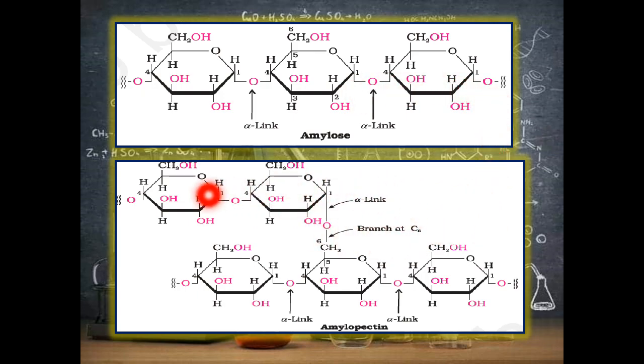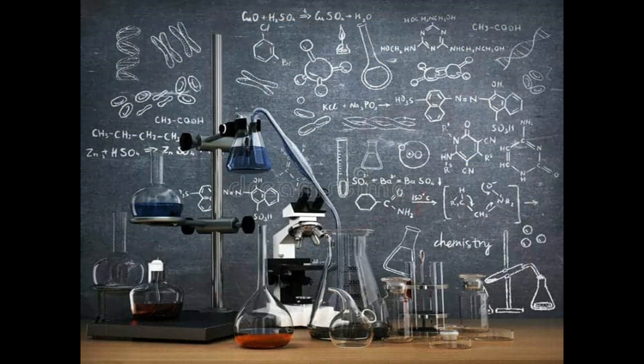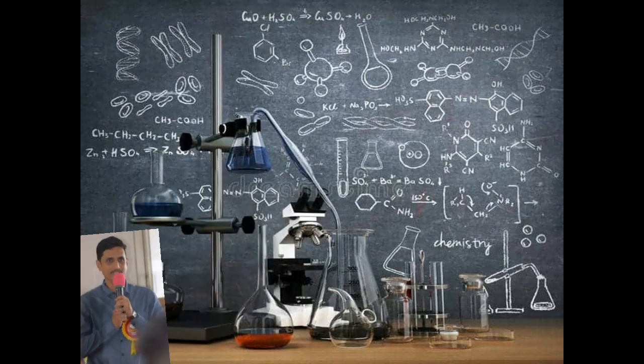In case of amylopectin, show two chains of alpha D plus glucose and show the C1 C6 glycosidic linkage, that's the branching between the two chains. So this is about the first polysaccharide, starch, composed of how many components? Two. They are amylose and amylopectin components. We'll move to the next concept.